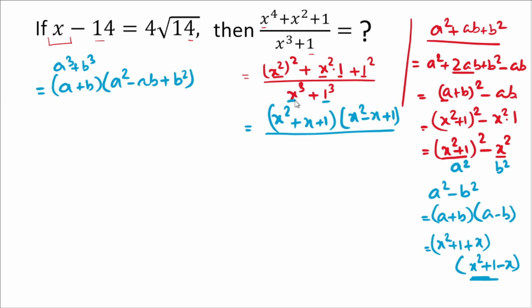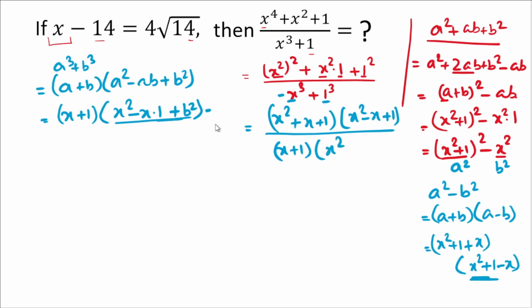Here a means x and b means 1, so it is (x plus 1) multiplied by (x^2 minus x plus 1).